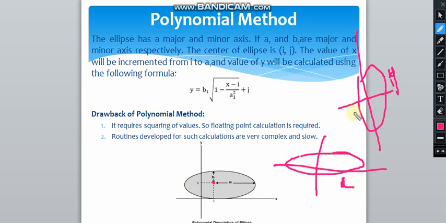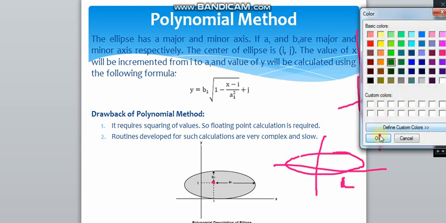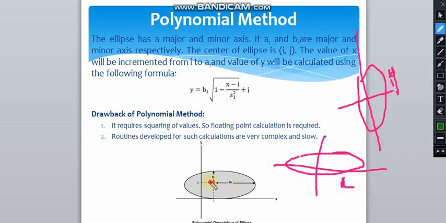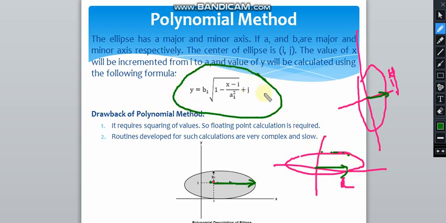In this figure this is the center, and in this figure this is the center. और ये कहाँ से कहाँ मूव करेगा, this will move from i to a1, यहाँ से यहाँ तक, in this figure from here to here, and in this figure from here to here. And the value of y will be calculated for each point. So y equals b1 times root of 1 minus (x minus i) divided by a1 squared, plus j.